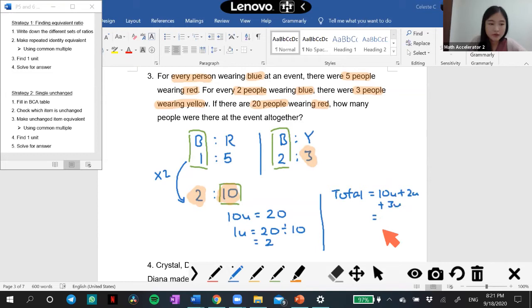How many? Okay, thank you, Syed. 15. 15 units. We have 1 unit. Can we find the total? Yes. 30, right? 15 times 2, 30. So there were 30 people at the event altogether.